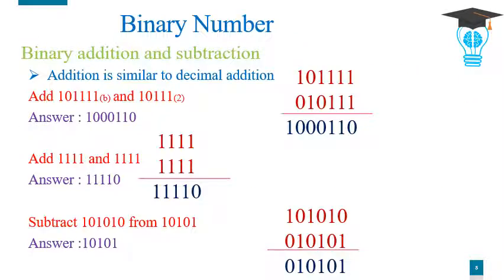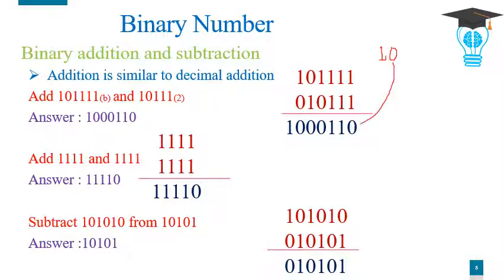In this slide, we are learning binary addition and subtraction. Addition is similar to decimal addition. Addition will be taking place on the place values. So 1 plus 1 is 2. But there is no 2 in binary. 2 is represented as 10.